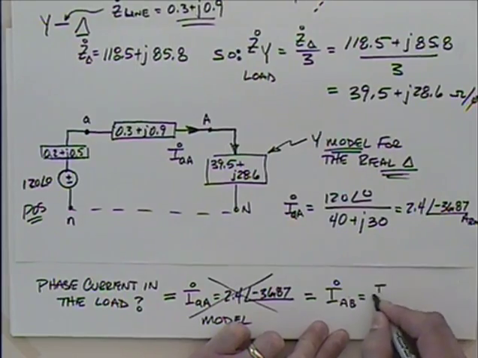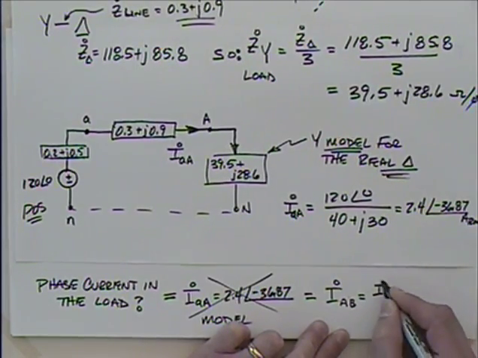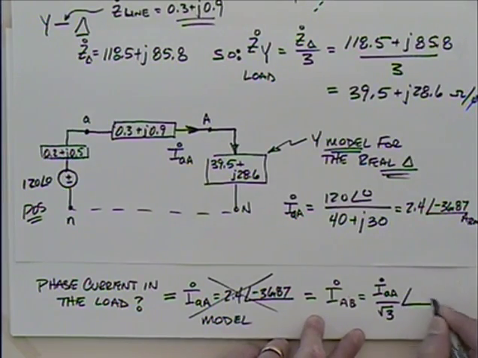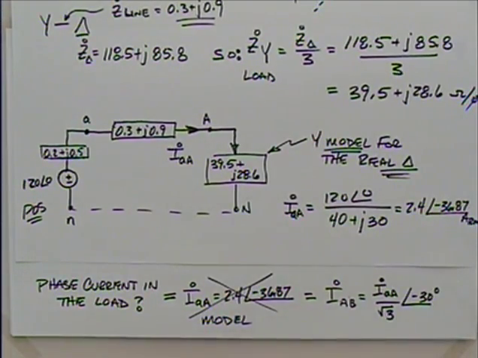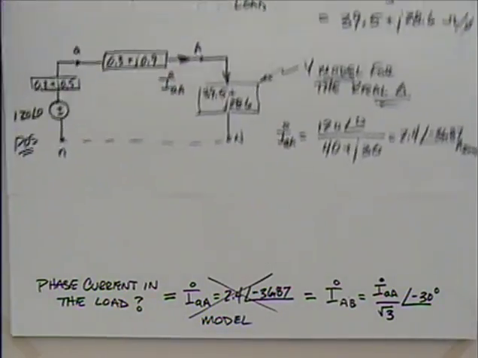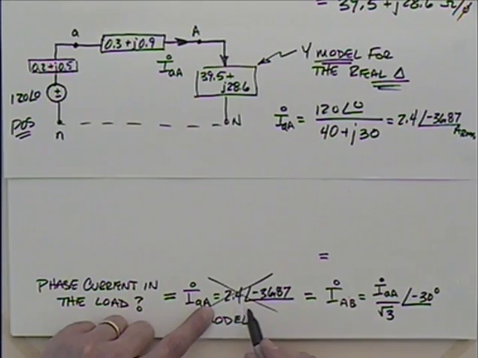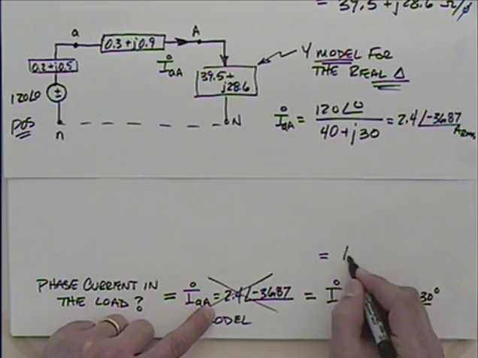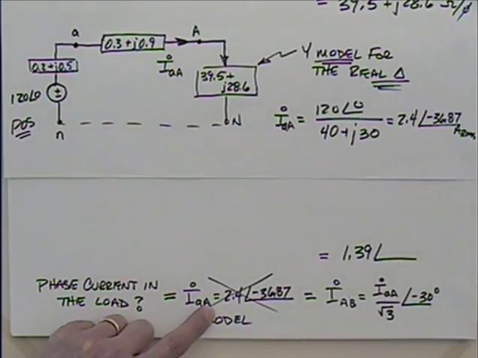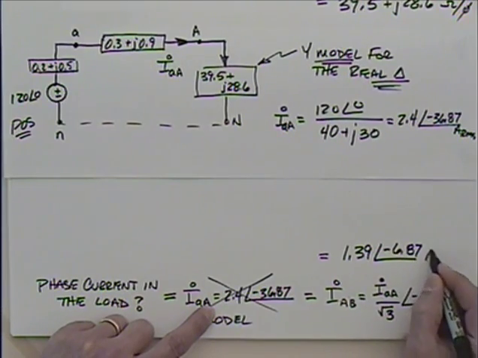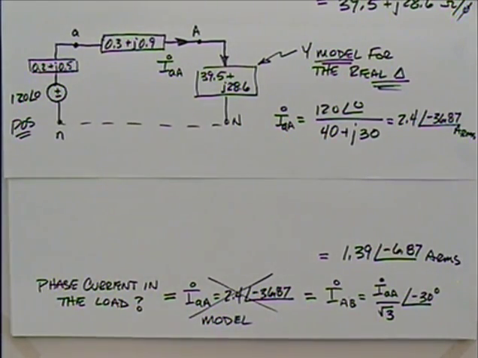Well, it should be equal to I little a big A divided by the square root of 3. Is that right? And then what do I do to the angle? Minus 30 degrees, because it's positive phase sequence. So in going through that, if you take the 2.4 and divide by the square root of 3, you should get 1.39, at an angle of, if you subtract 30 degrees, minus 6.87 amps RMS. Let me double check that magnitude.